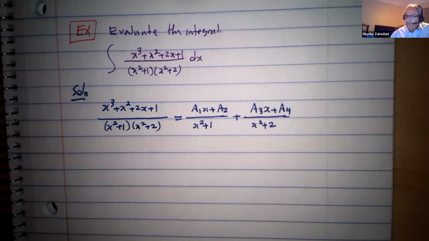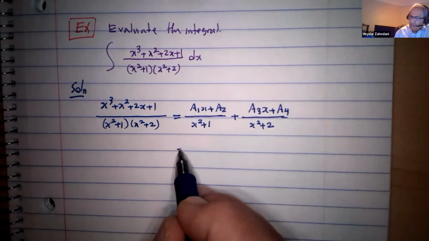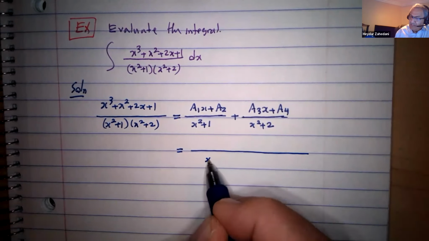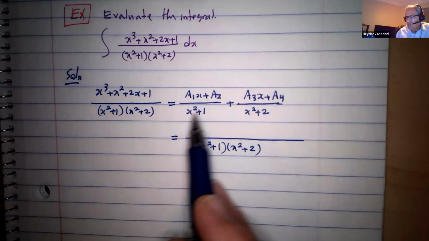Now what we're going to do is find the common denominator on this side. So it's going to be equal to x squared plus 1 times x squared plus 2, and the top is kind of cross multiplication.